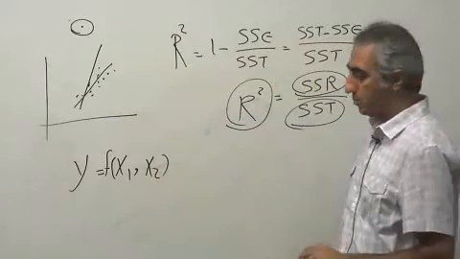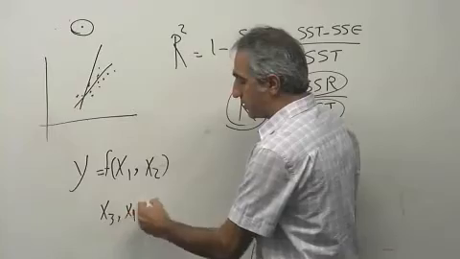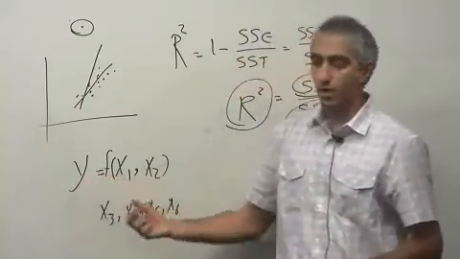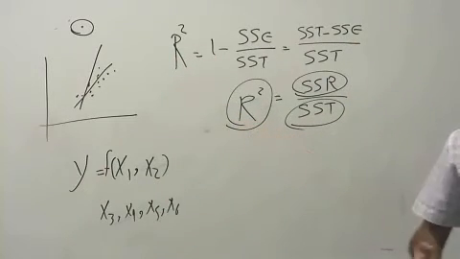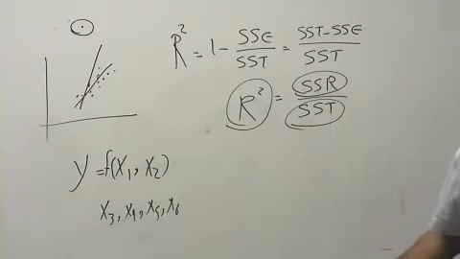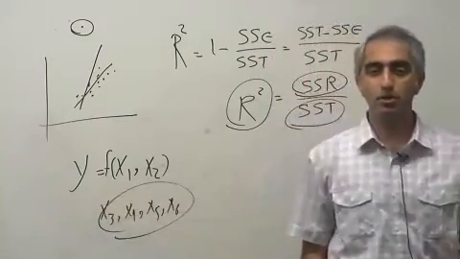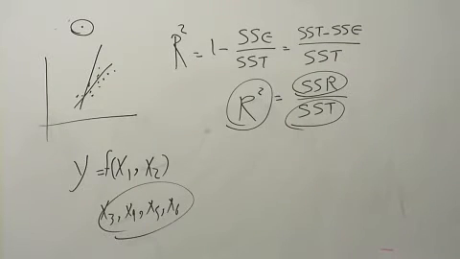By adding x3, x4, x5, x6, which have nothing to do with y, we're just increasing the value of R squared. So by adding some noise variables, these are noise variables because they don't have anything to do with y, you are increasing your R squared without increasing the prediction capability.